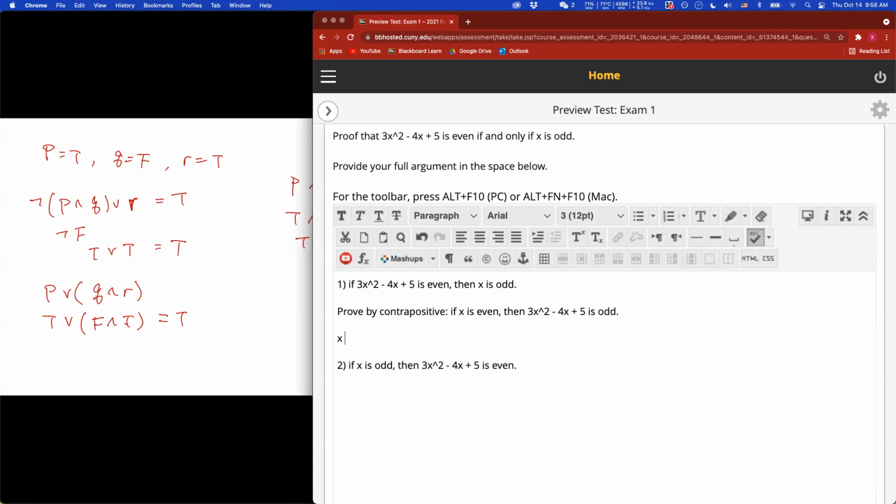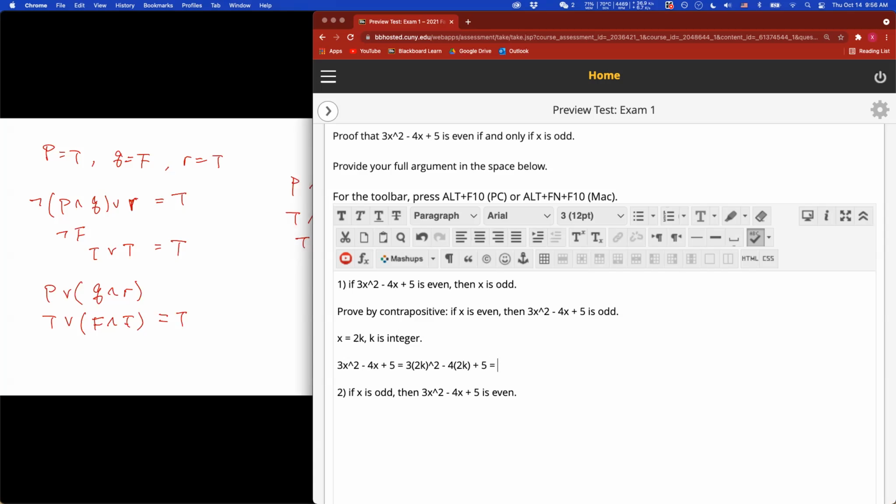To do that, x is even, so let x equal 2k, where k is an integer. Then 3x squared minus 4x plus 5 gives you 3 times (2k) squared minus 4 times 2k plus 5.